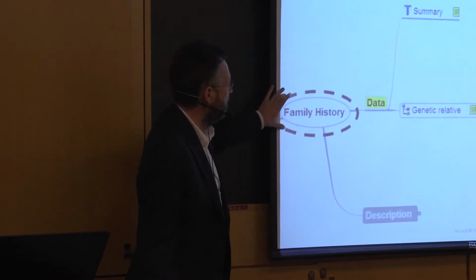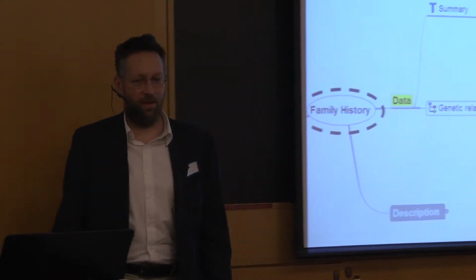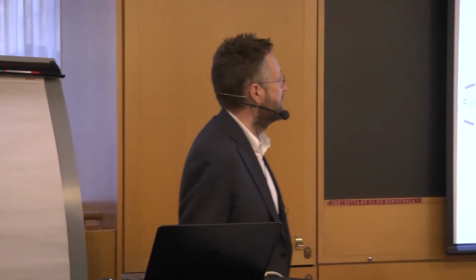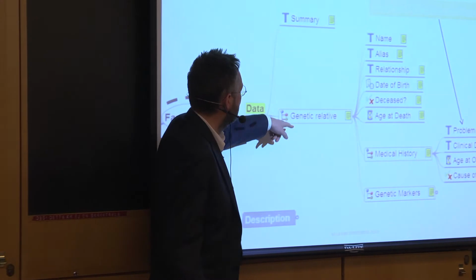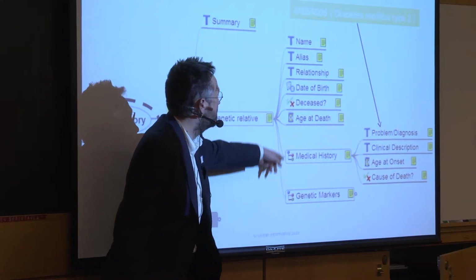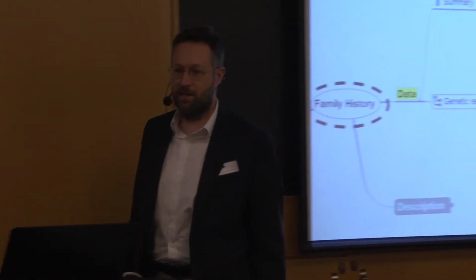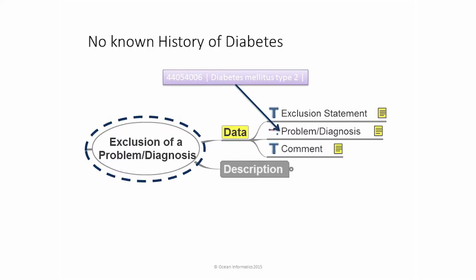And this is now a family history of diabetes mellitus type 2. So there is someone else specified with this. So yet again, this is some kind of structure which gives the context that makes this SNOMED code clinically meaningful.